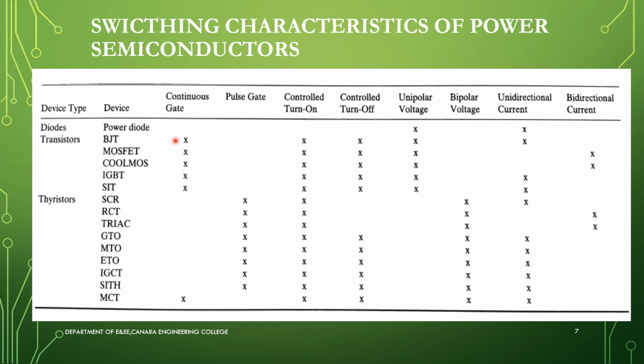You can observe here transistor family, all devices require continuous base signal, whereas thyristor family requires a pulse gate requirement. And you can see which devices are having controlled turn on, which devices are having controlled turn off, unipolar voltage, bipolar voltage, unidirectional current carrying devices, bidirectional current carrying devices.